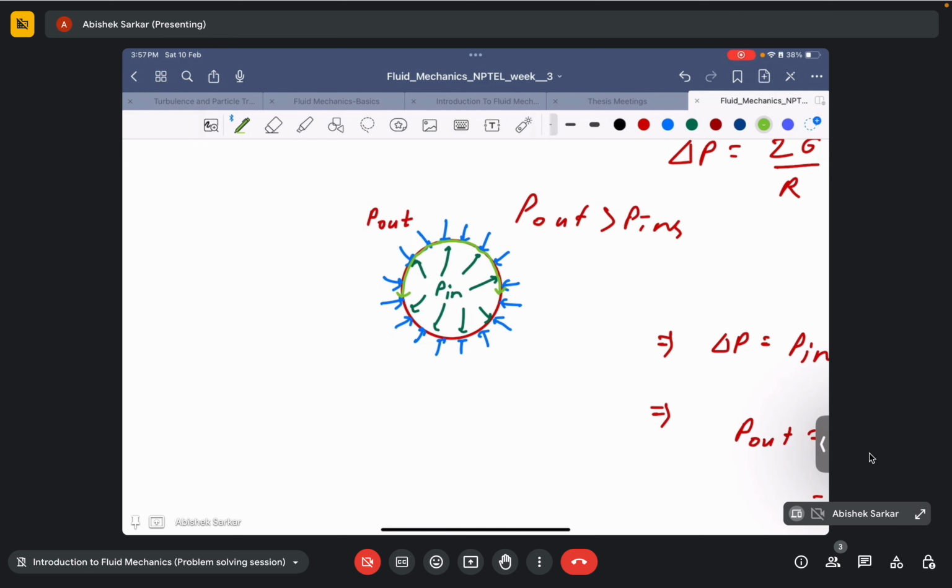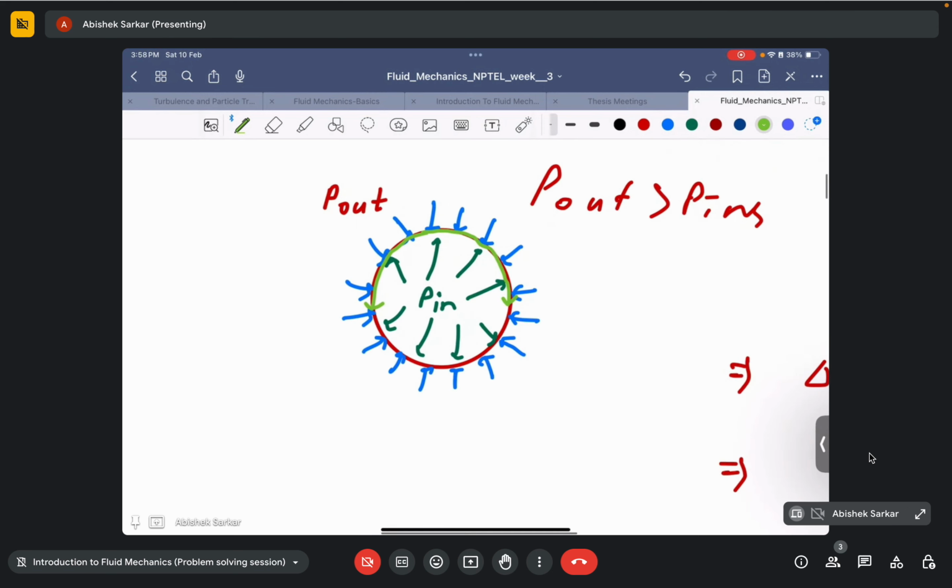It does not want to expand, it does not want the liquid molecules to move apart, it wants the liquid molecules to stay together. Say there is a certain number of liquid molecules within this spherical bubble. If the size of this bubble increases, the liquid molecules would move further apart, right?